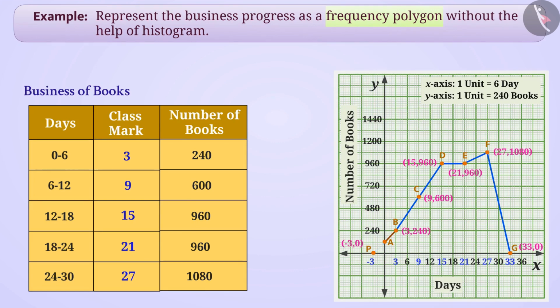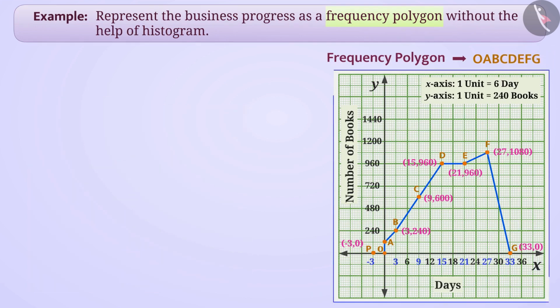Then, we will connect y-axis and intersection point of this line segment to origin O. Like here, we connect A with O. In this way, we get frequency polygon OABCDEFG.